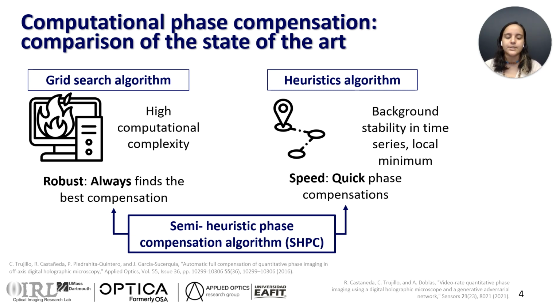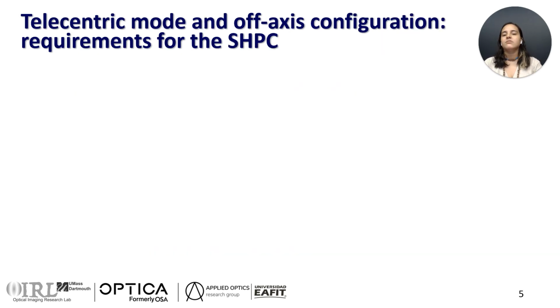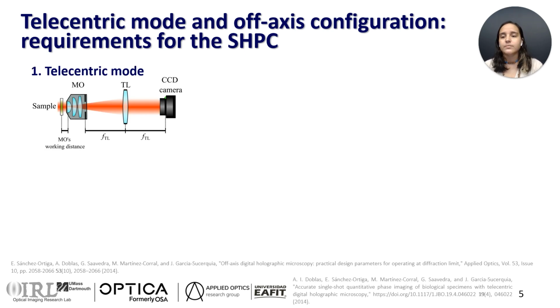So the tube lens is placed between the microscope objective and the camera. This configuration ensures that we're working under diffraction limited conditions, and it also compensates for the additional spherical aberration that appears due to the microscope objective.